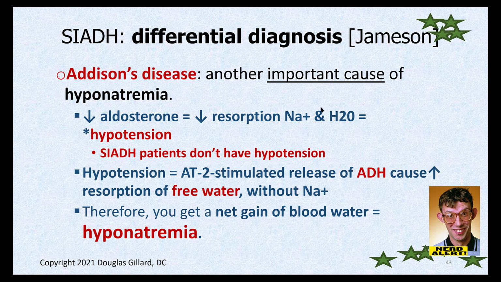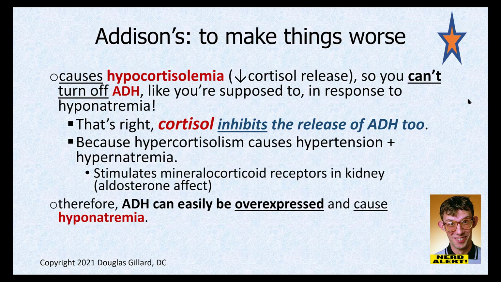But in this case, there's not going to be hypotension, as we said. So angiotensin 2 is not going to be around to offset this lopsided reabsorption of salt and water. And so too much salt is going to be taken out. You're going to get hyponatremia. All right, if that makes sense.